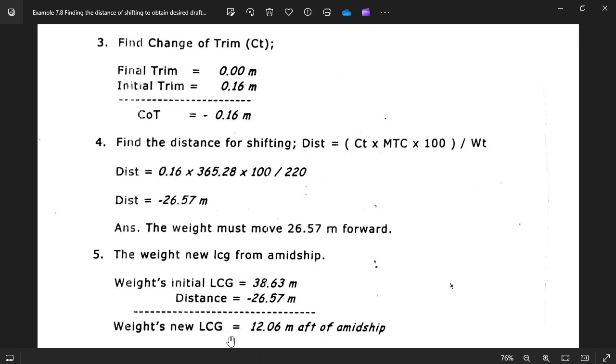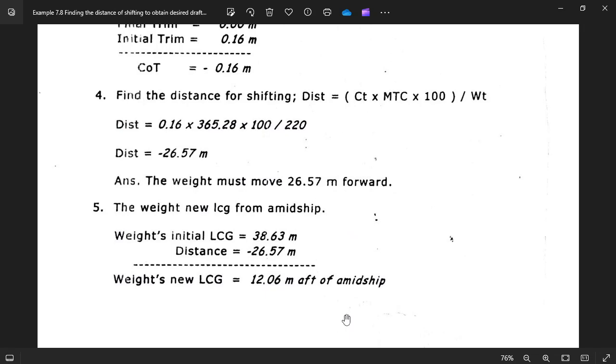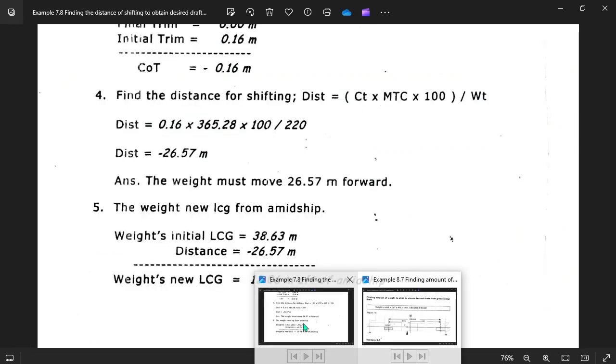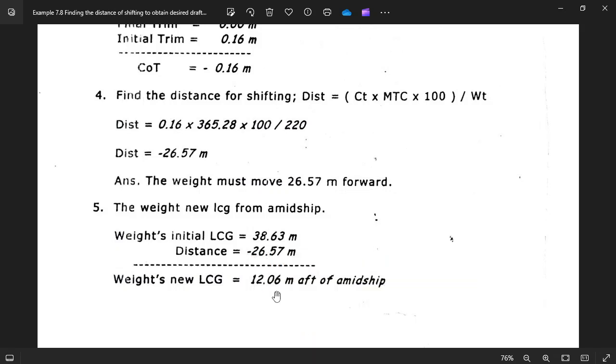The new weight LCG will be 12.06 aft of amidship. Okay? It means that if this is 38.63 and you move the weight forward about 26.57, that will be about here. The distance from this point to amidship will be 12.06. This is the new LCG, okay?